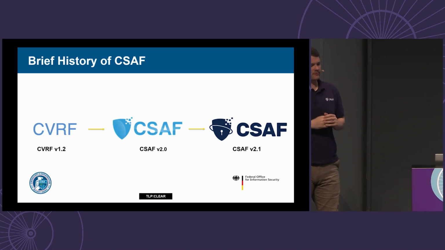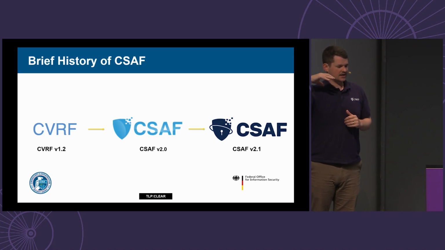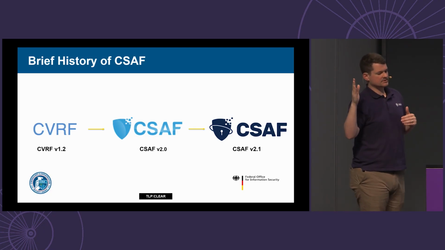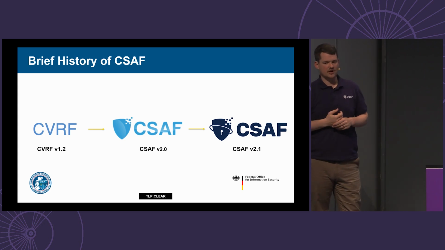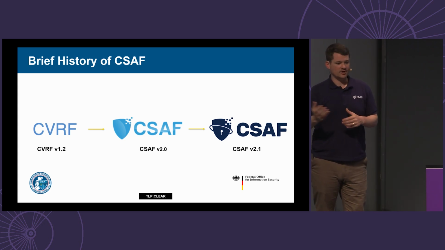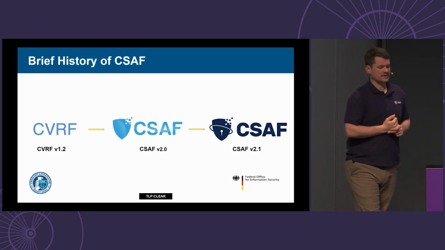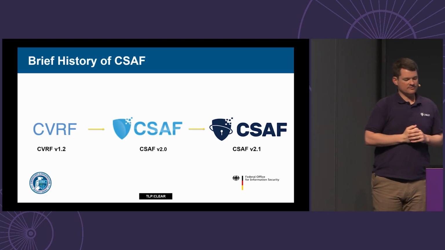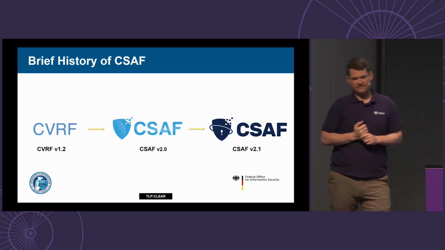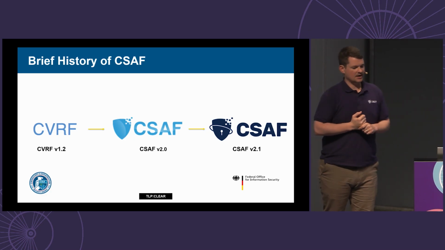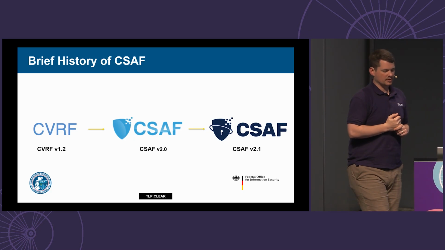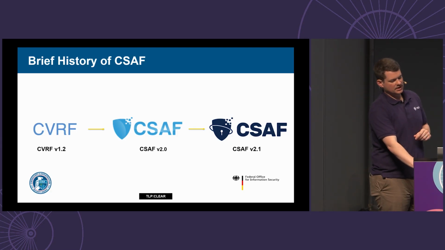Then for various reasons, we went to OASIS Open for standards development, targeting more towards machine-readable, building with automation in mind. For version 2.0, we also changed the name for IPR reasons, and that's when the Common Security Advisory Framework came to be. CSAF version 2.0 was released in November of 2022. Right now, version 2.1 is under public review.